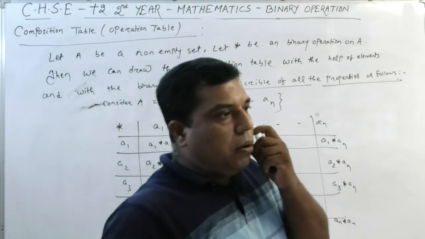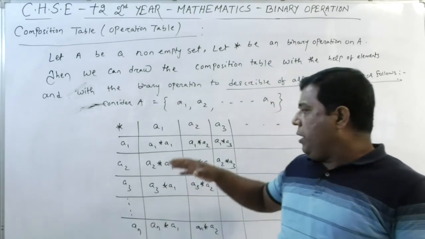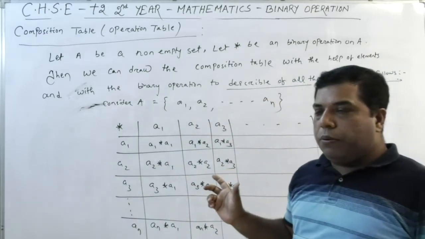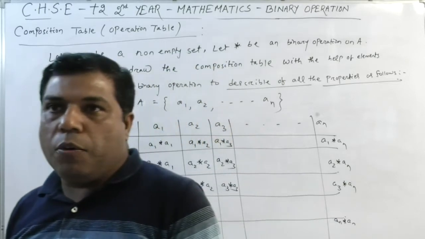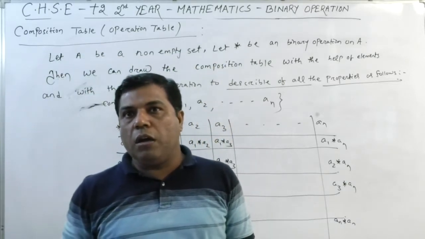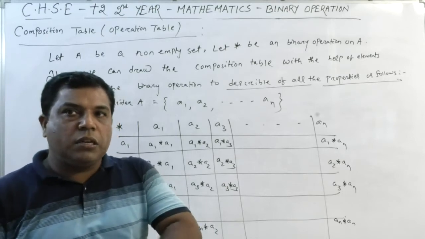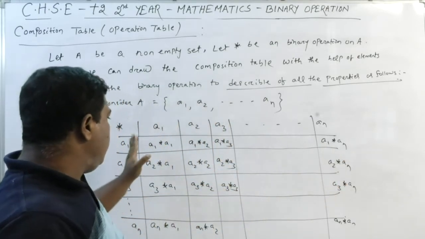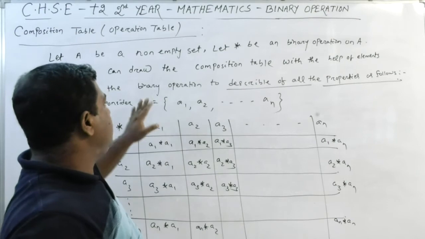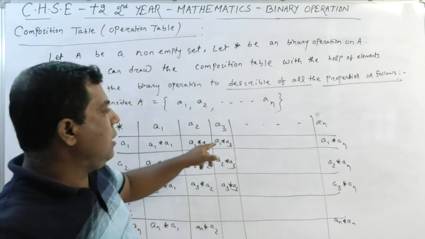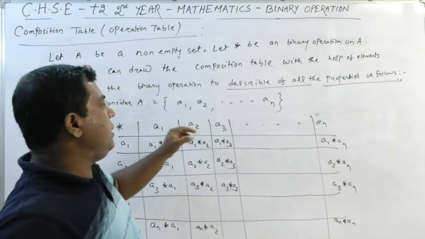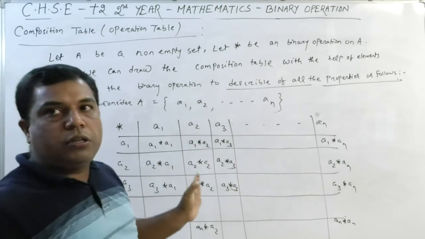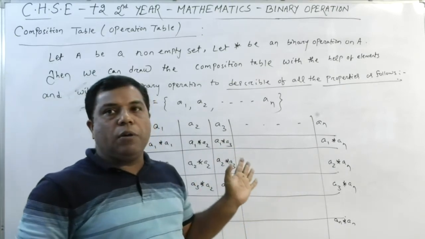So now we describe the properties of the composition. What do we observe? After drawing the composition table, you can check whether it is a binary operation or not. It is a binary operation if all the entries we calculated belong to set A, meaning these results belong to set A. So after drawing the composition table, we can check whether it is a binary operation or not.